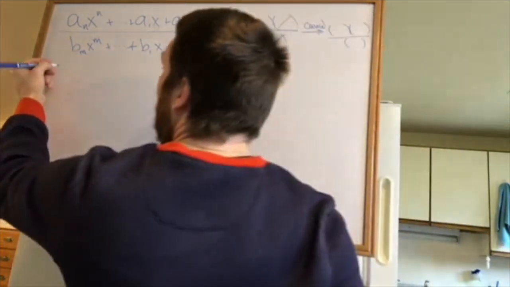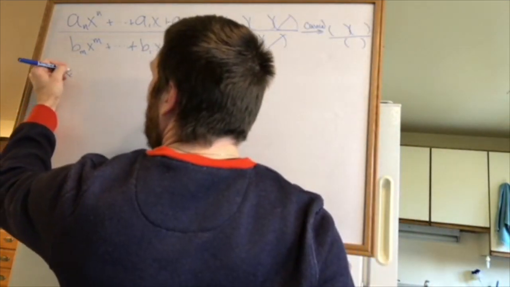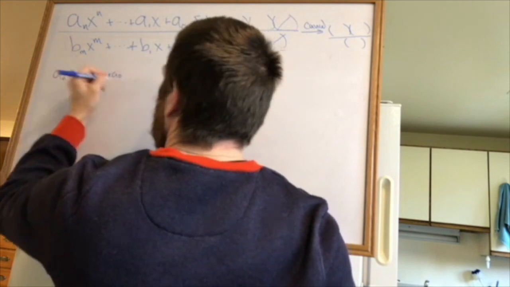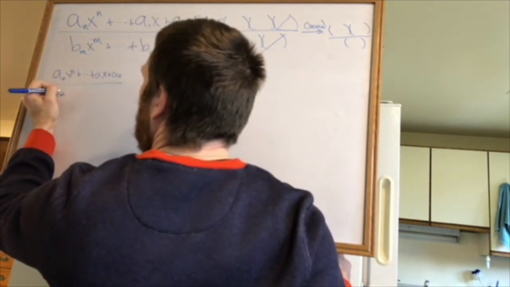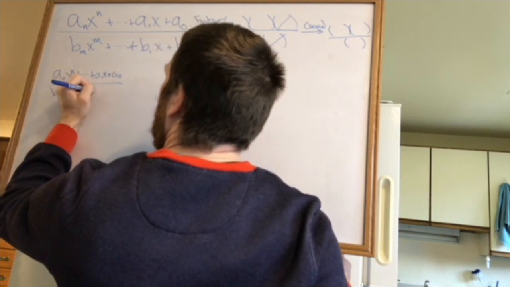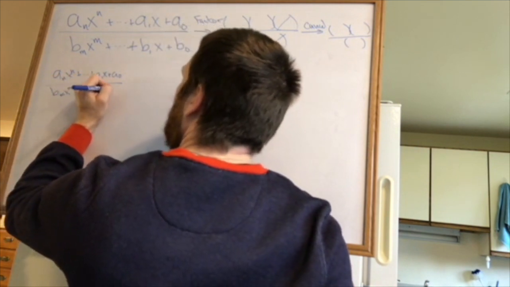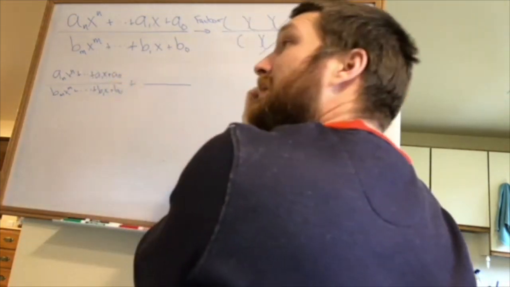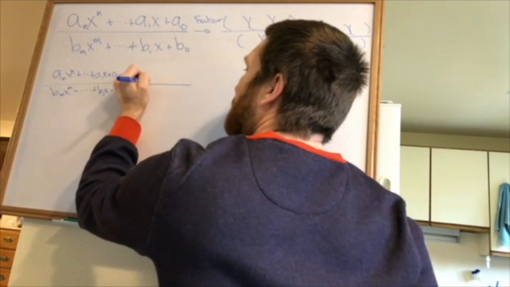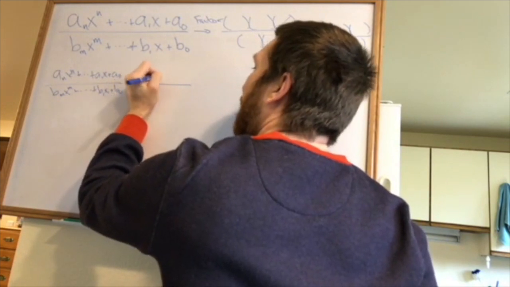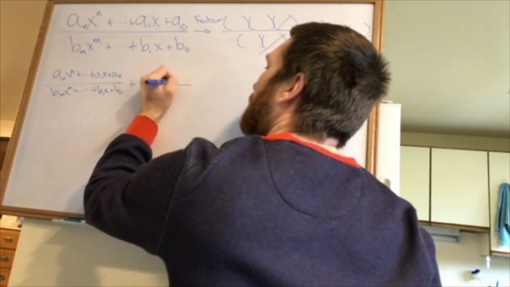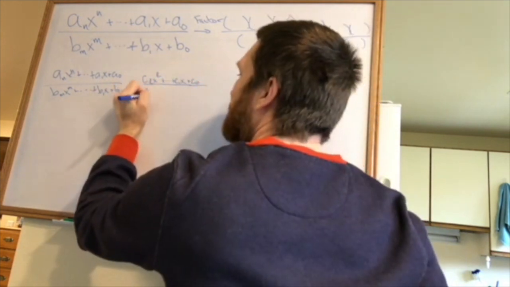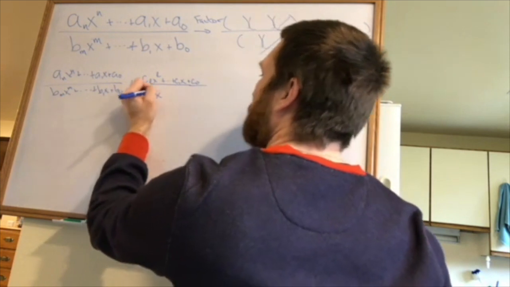If we have a polynomial, a_n x to the n, plus all the way down to a_1 x plus a_0, over another polynomial, b_m x to the m, plus all the way down to b_1 x plus b_0, plus, oh man, this is getting ugly. And in fact, I'm about to simplify this a lot, but we have some kind of c_l x to the l, plus all the way down to c_1 x plus c_0, and some d_r x to the r.